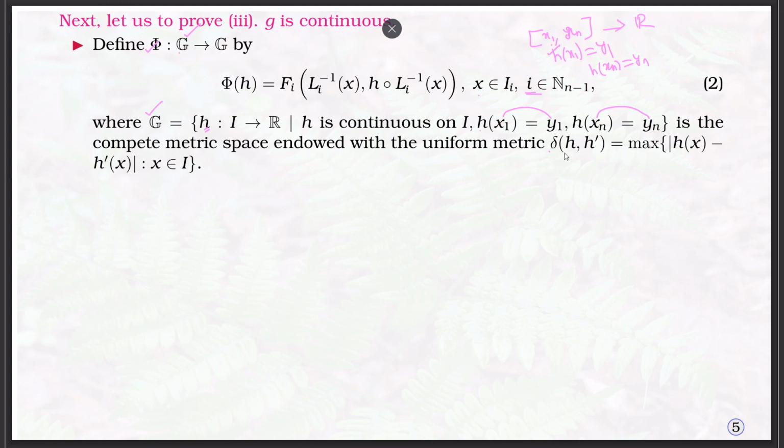If you take two functions h and h dash, the distance between h and h dash can be defined as the maximum of the modulus of h of x minus h dash of x, taken over all x belonging to I.